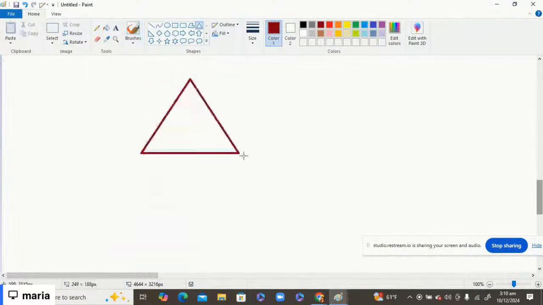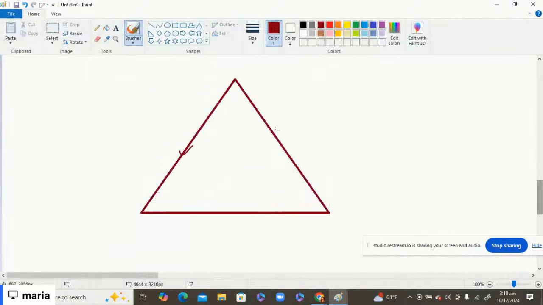How many sides? Look, first length, second length, third length. How many vertices? Vertices are the points where the lines meet. At which point two lines meet with each other, we can say these are the vertices of this figure. So this figure is called the triangle.